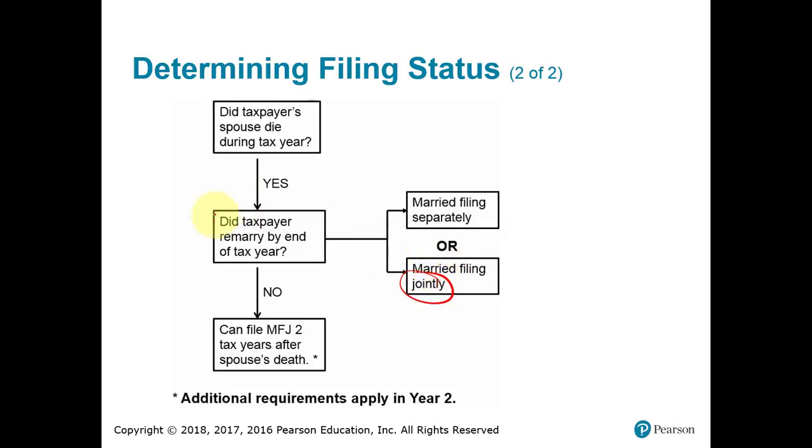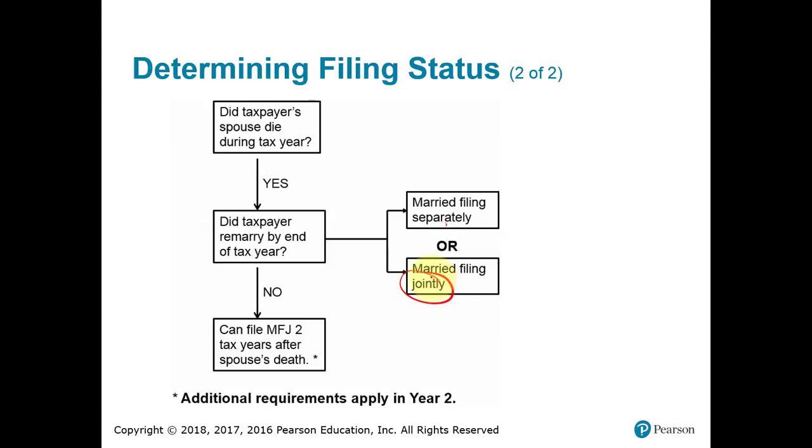It doesn't matter whether our taxpayer remarries or not. If the taxpayer remarries, then the new couple can file separate or joint. But if the survivor here doesn't remarry, in the year of death, he or she still can file separate or joint with the deceased spouse.